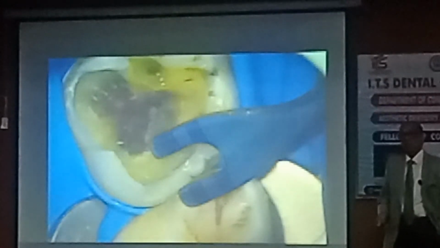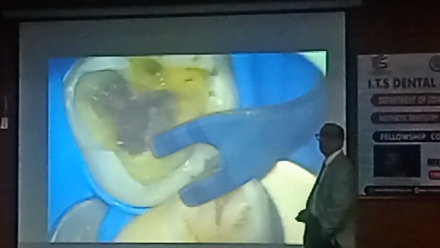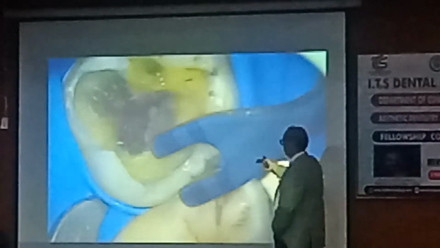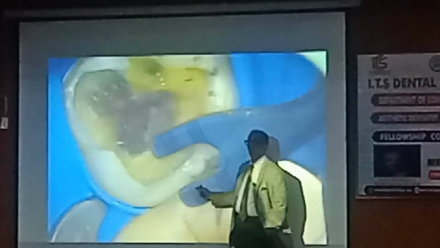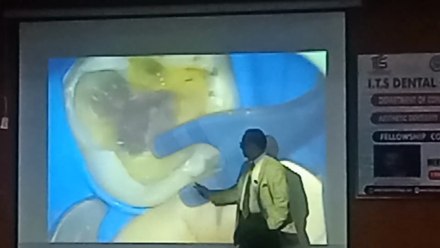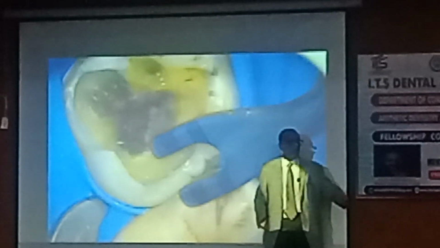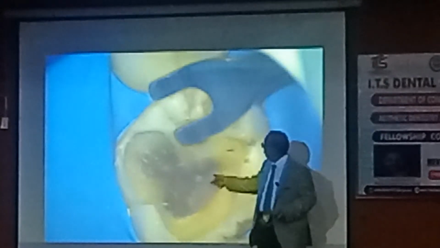How do you decide how much of tooth structure you can keep and how much you cannot? If you use this measuring instrument, if you have 4 mm, you can keep it. This is not 4 mm, so this has to get involved because this is weak. This is a weak margin, right? So you have to get something that is stronger. Same way here.